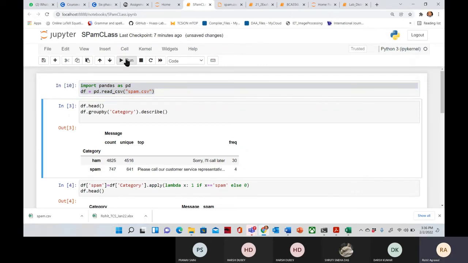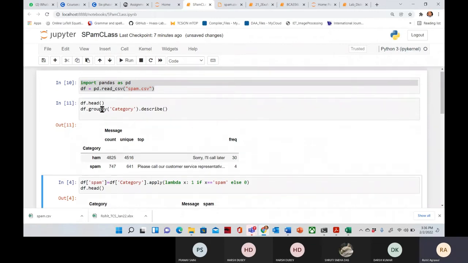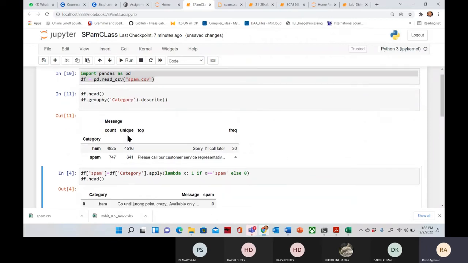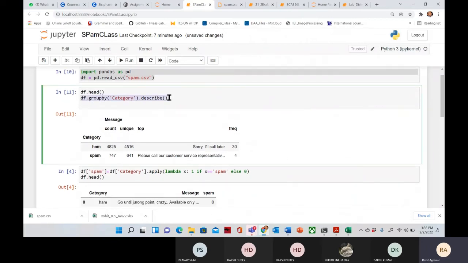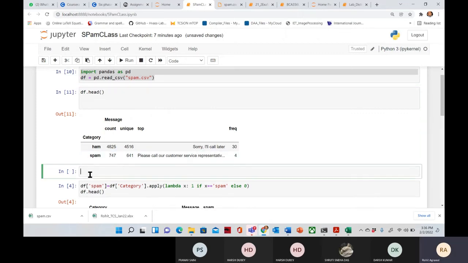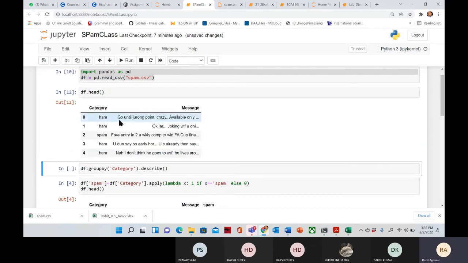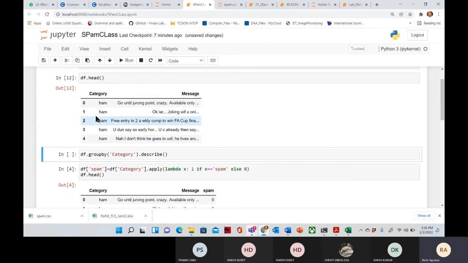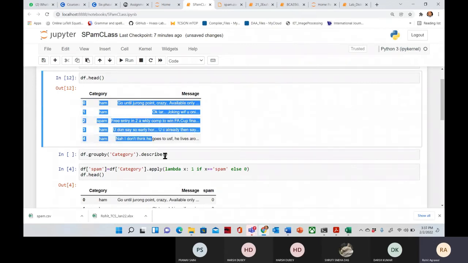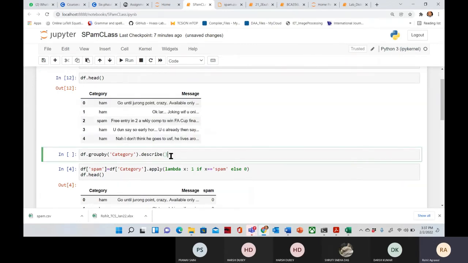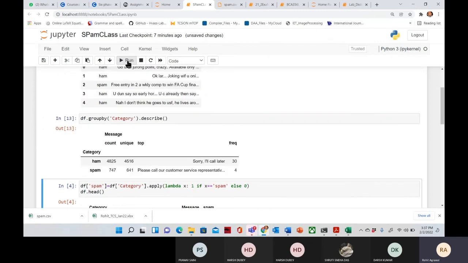Then I look at some entries with df.head and groupby. So these are the first 5 entries, and now I will explain what is inside this.